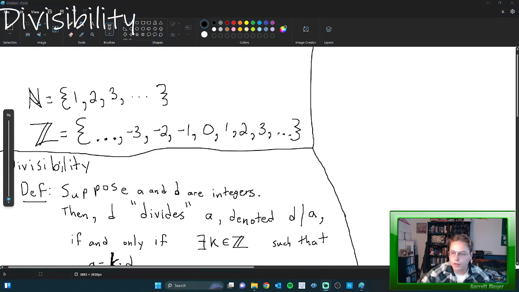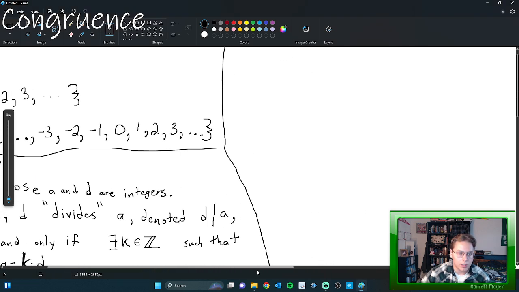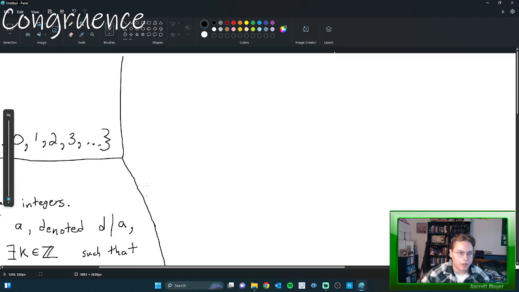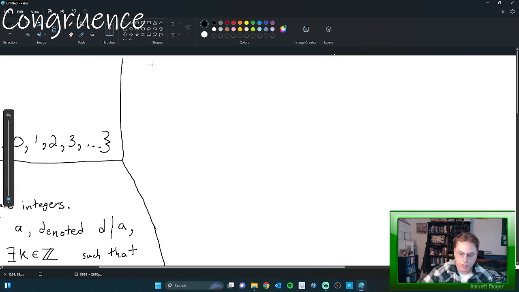Okay, so then for the next point, we're going to talk about the concept of congruence. And similarly to divisibility, we're going to start off congruence with a definition. Congruence is going to rely a bit on divisibility in its definition, so we're going to use these two concepts together in a lot of our proofs.